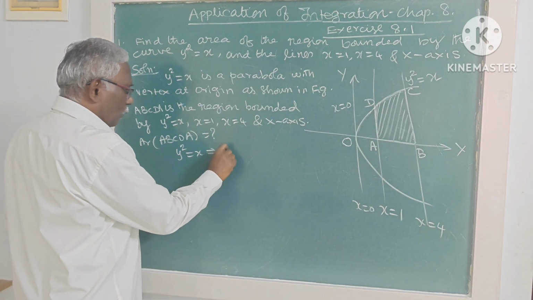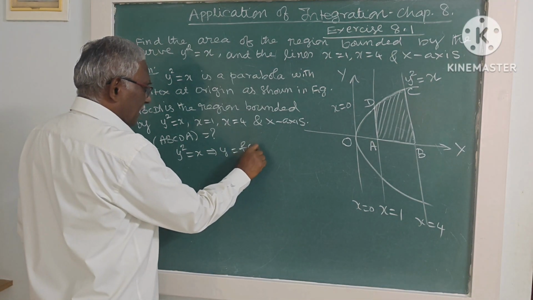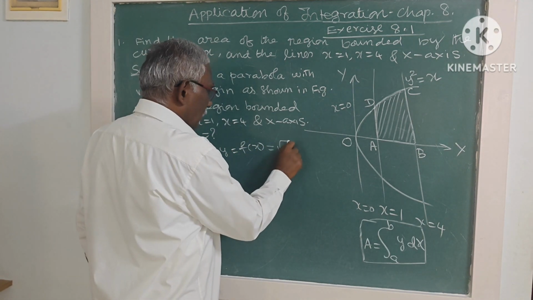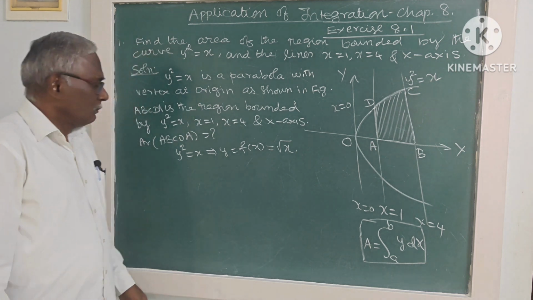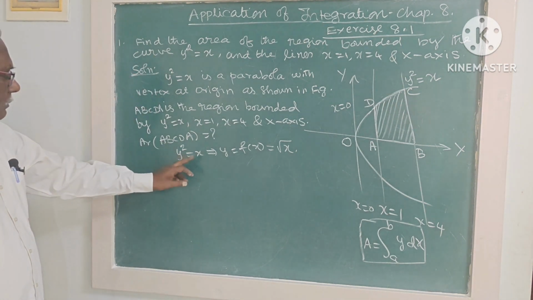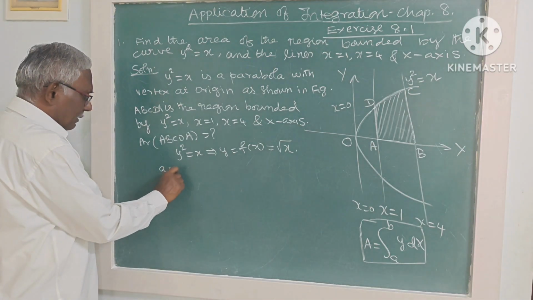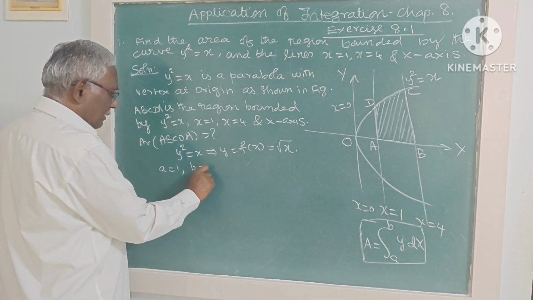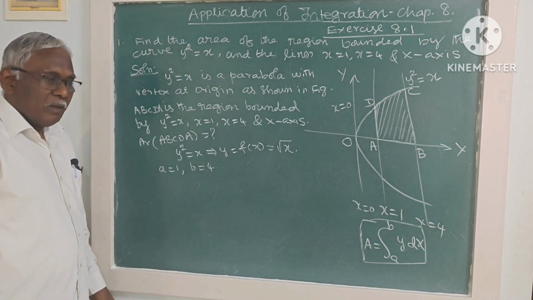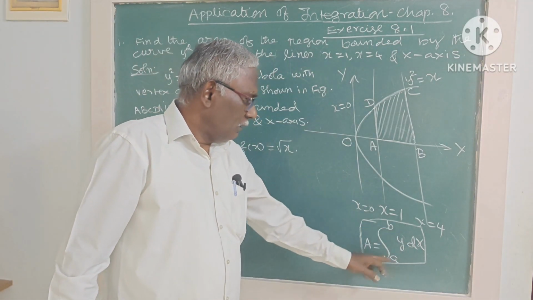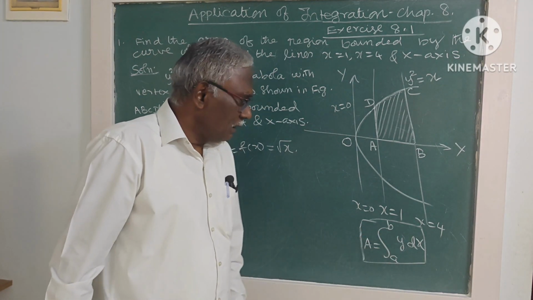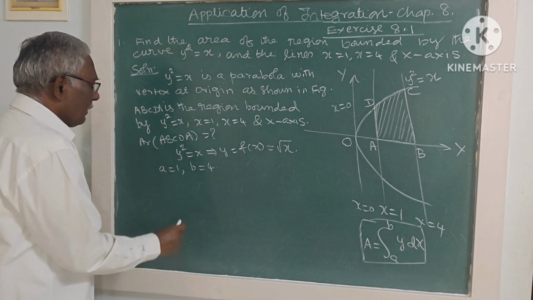So this gives y is equal to f of x is equal to root x, and a is equal to 1, b is equal to 4. Now we can use this definite integral to get the area of the region.